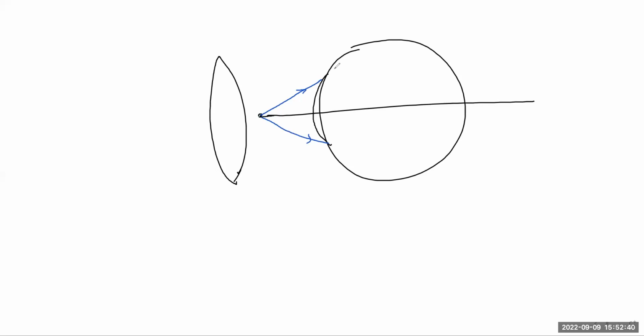But your ciliary muscles are now weaker with age. So it will try to bend, but not much. It will fail to bend at retina. So how are you going to help your grandfather? So you will buy a lens. Which lens will you buy for him? Convex.